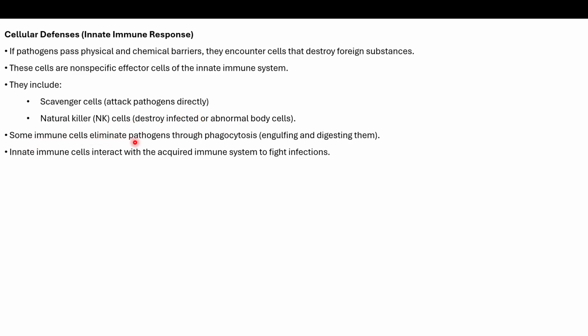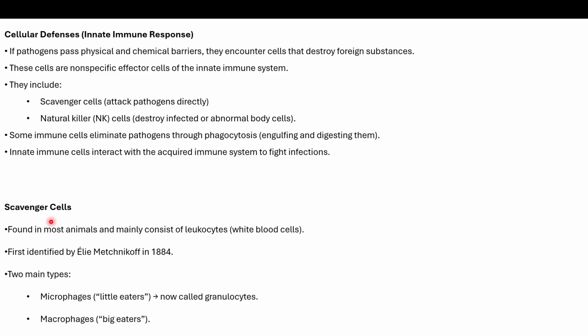And then there are some immune cells which can eliminate pathogens through phagocytosis. Phagocytosis is like engulfing and digesting, eating up the pathogenic entity. And then there are innate immune cells that interact with the acquired immune system to fight infections.